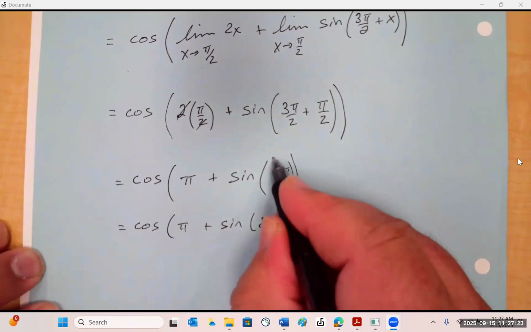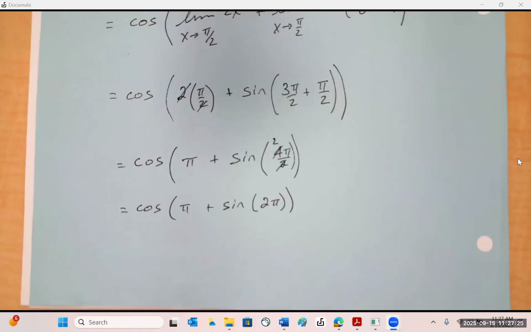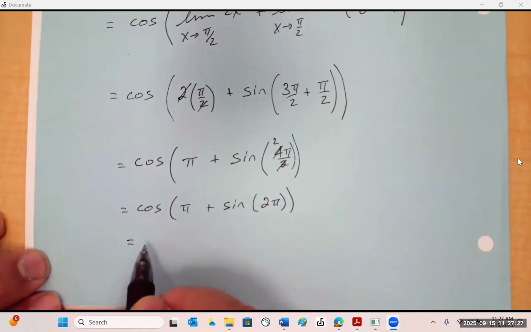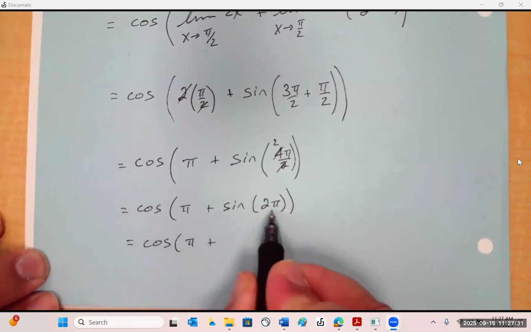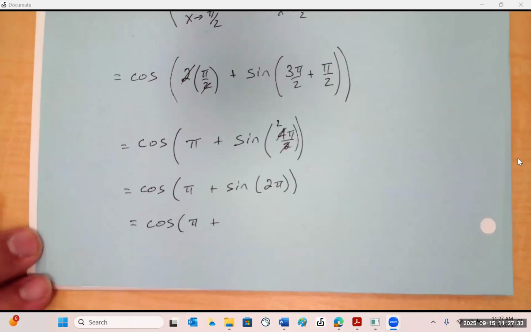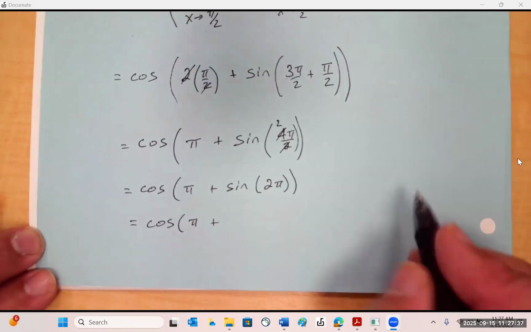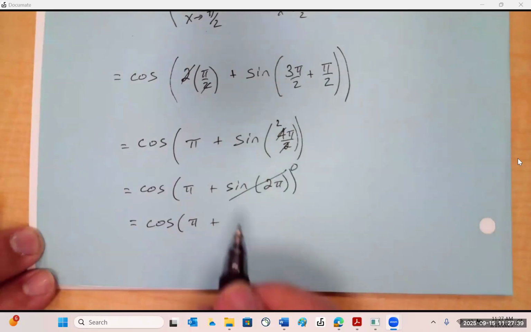So 2 goes into 4 twice. What is the sine of 2 pi? It's the same as the beginning, so that goes to 0.